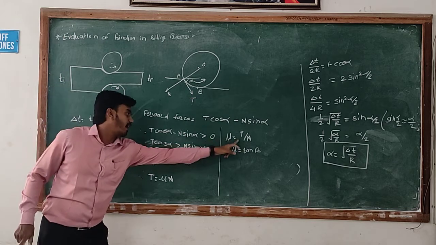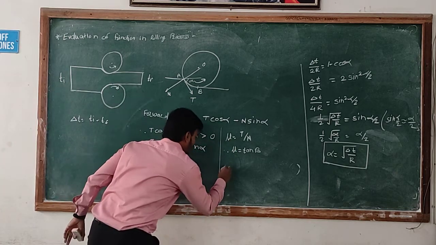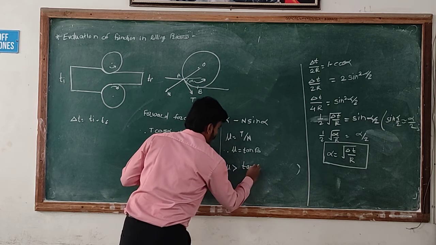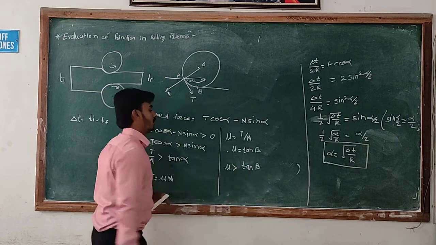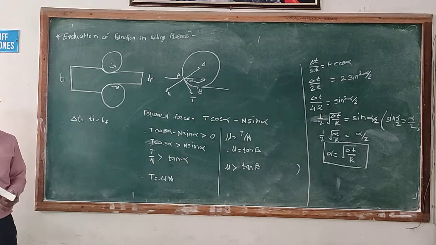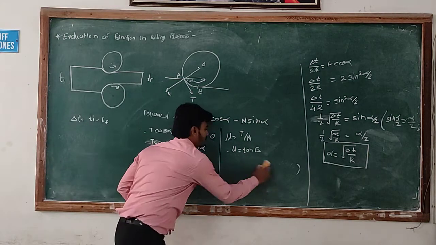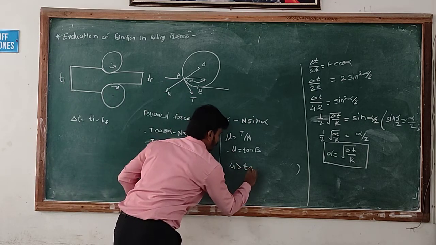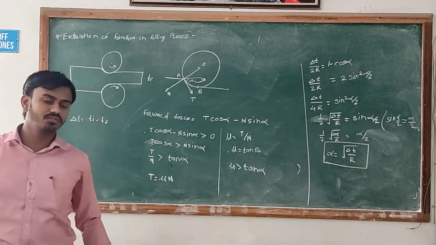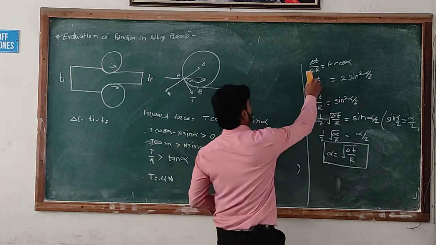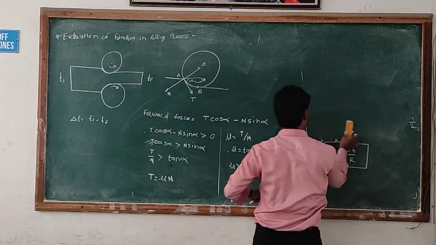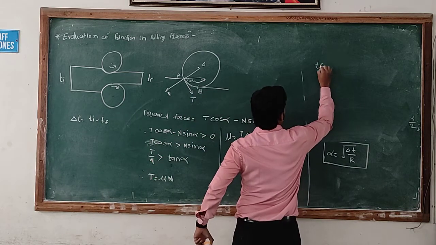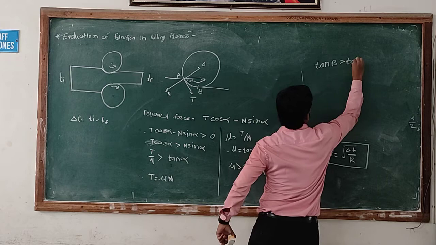If we put T by N equal to mu here, we get mu is greater than tan of alpha. Since mu equals tan of beta, tan of beta is greater than tan of alpha.